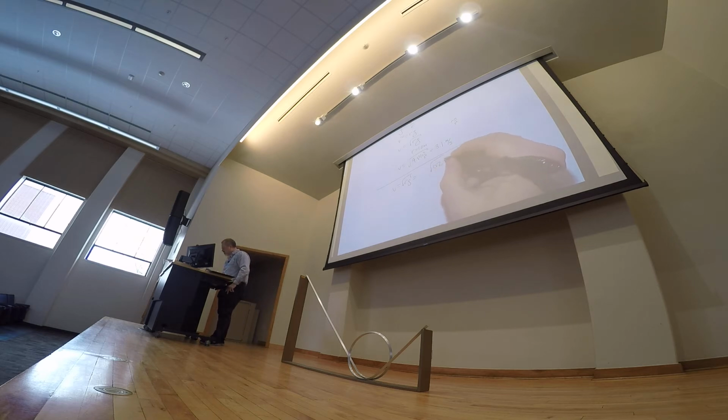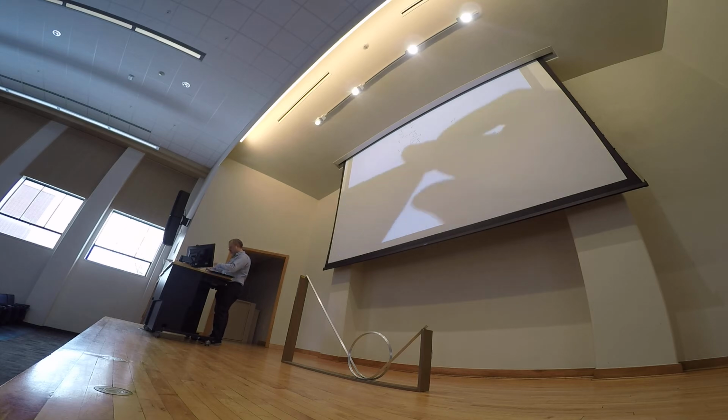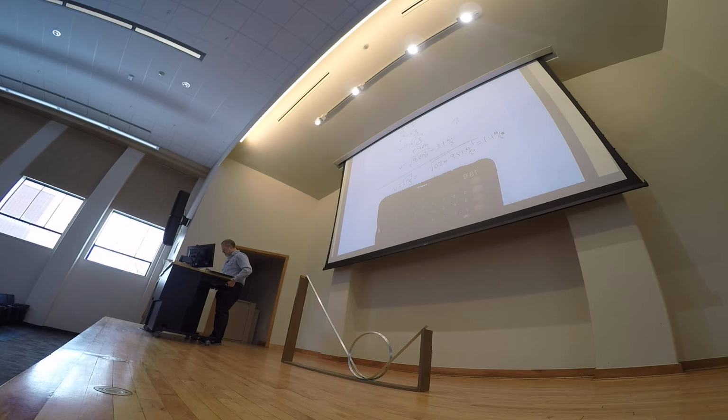in which case that velocity needs to be the square root of 0.2 meters times 9.81 meters per second squared, which is going to be the square root of 2, so this would be like 1.4 meters per second, yeah? 9.81 times 0.2.